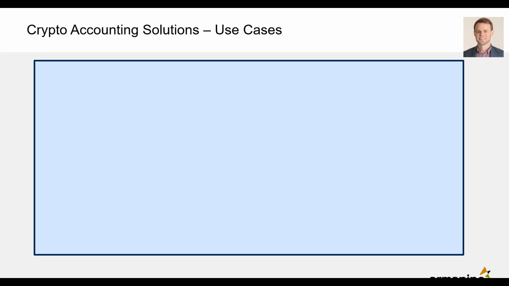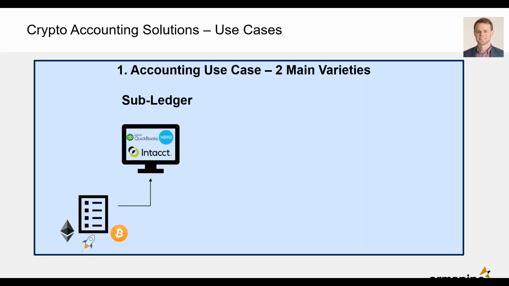And so, first of all, at a high level, there are two different ways of approaching this crypto accounting environment. One is that you would still have what you might call a legacy accounting solution, so you'd be using QuickBooks or Xero or Intacct or anything else. And on top of that, you would use a crypto-specific accounting solution.